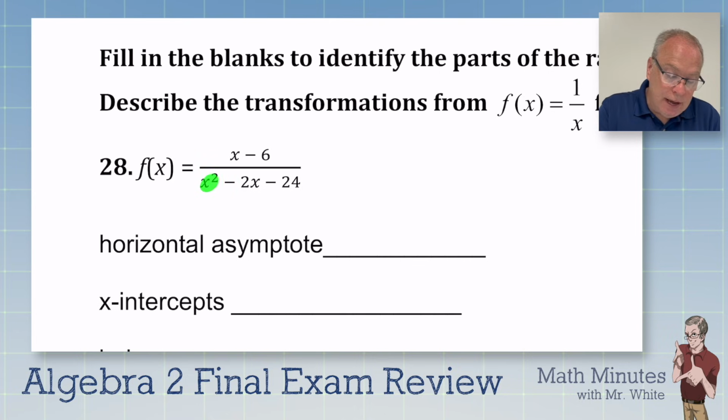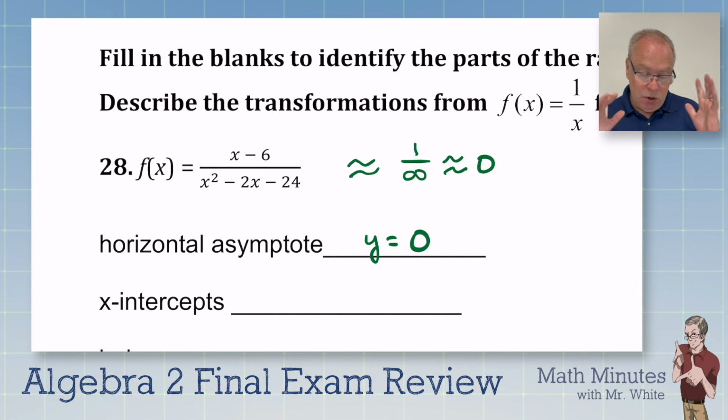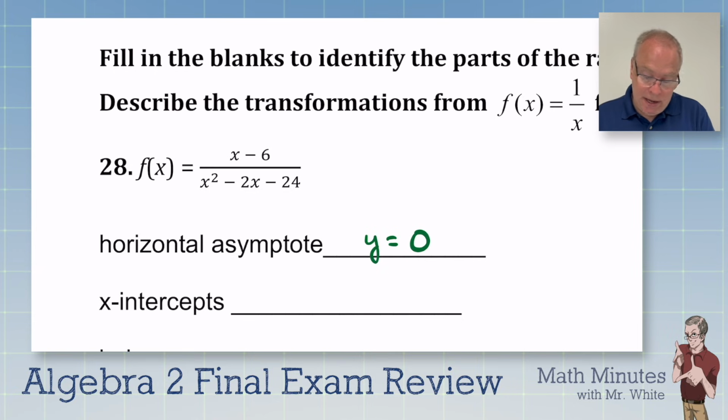Or you can recognize that the bottom has a bigger degree. The exponent on the bottom is bigger, so the bottom will be infinitely bigger. So as x grows, this is going to approach 1 over infinity, which is essentially 0. Y equals 0 is your horizontal asymptote. Because the denominator was bigger, you have a horizontal asymptote of y equals 0.